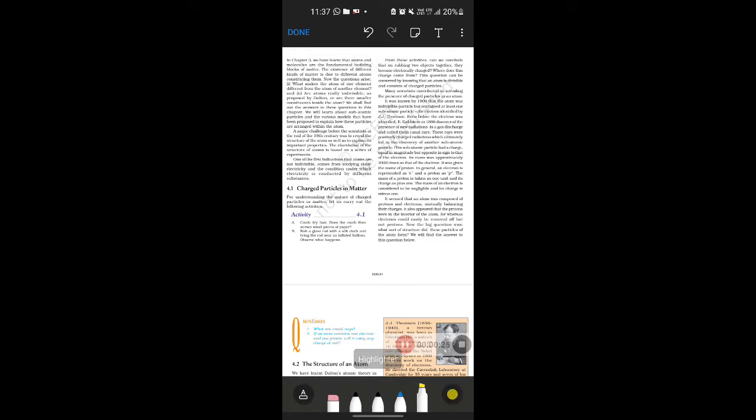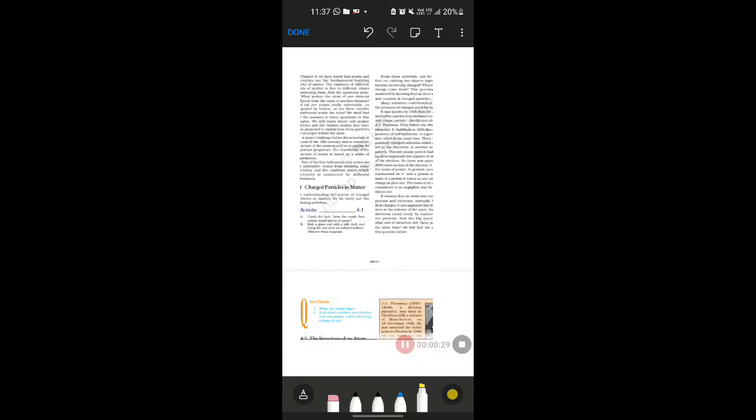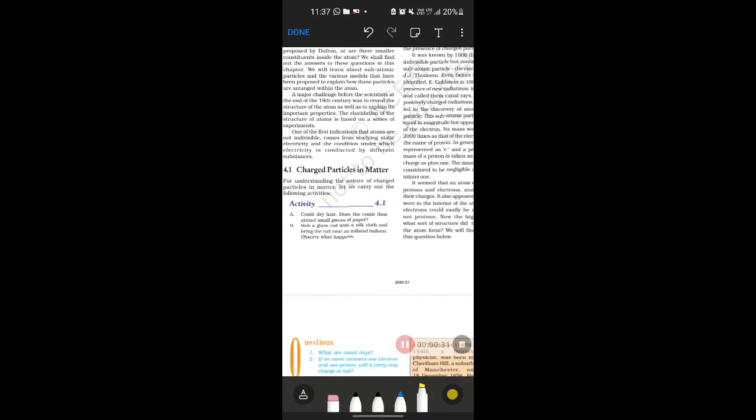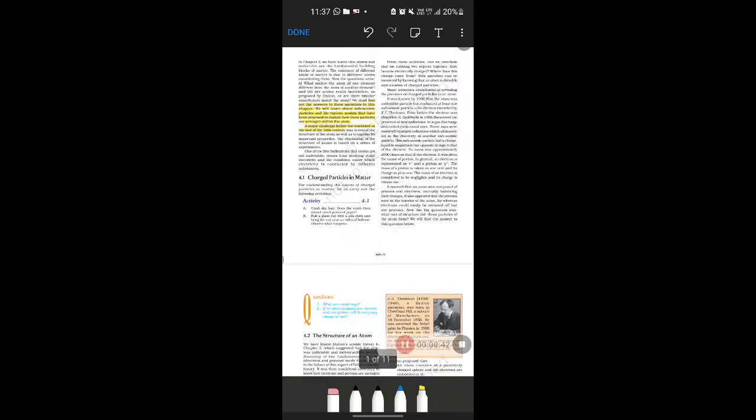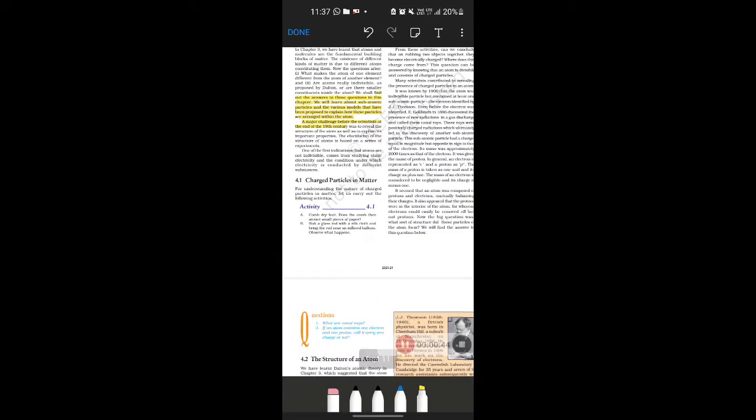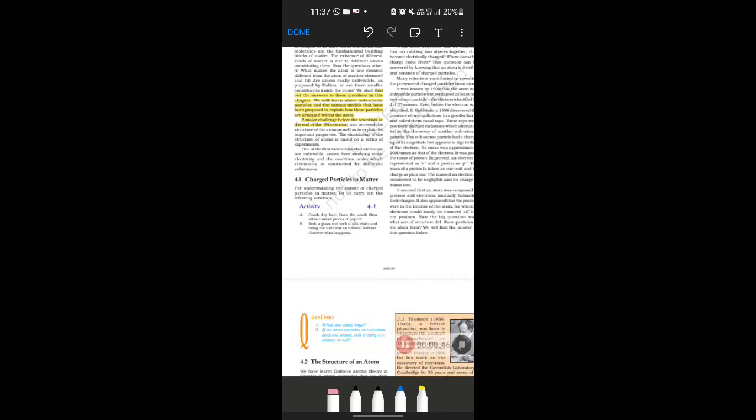In chapter 3, we have learned that atoms and molecules are the fundamental building blocks of matter. The existence of different kinds of matter is due to the different atoms constituting them.